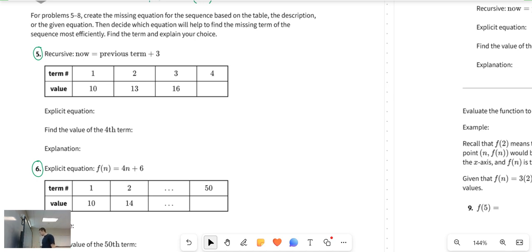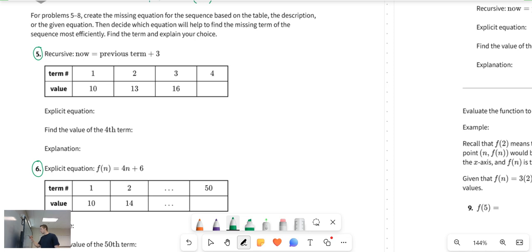So our explicit equation, it wants us to find the explicit equation first, which is fine. We can do that. It looks like we have 10 to start, on our first go. We do start with 10, but it seems like we're going up 3 each time.